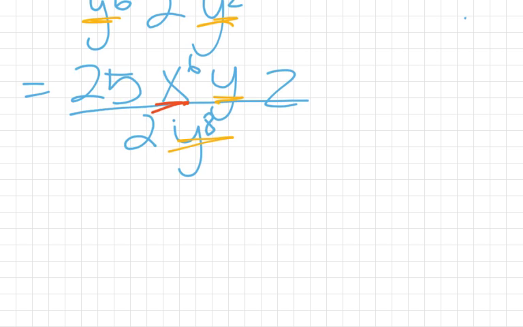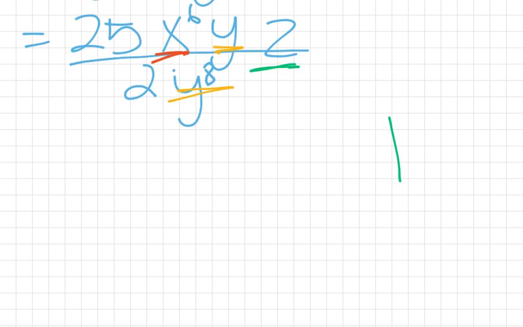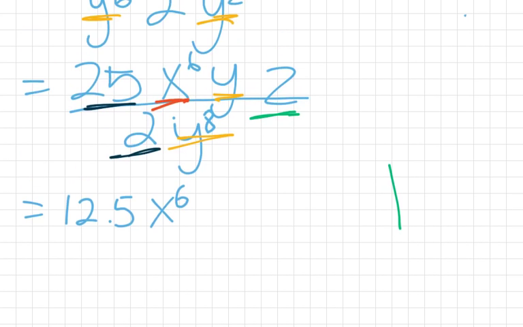Two terms with y's, and one with z's. So, and we can also divide our coefficients. So this is going to be equal to 25 divided by 2, which is 12.5, multiplied by x to the 6. Again, there's nothing else we need to do because there's no other x's in there.